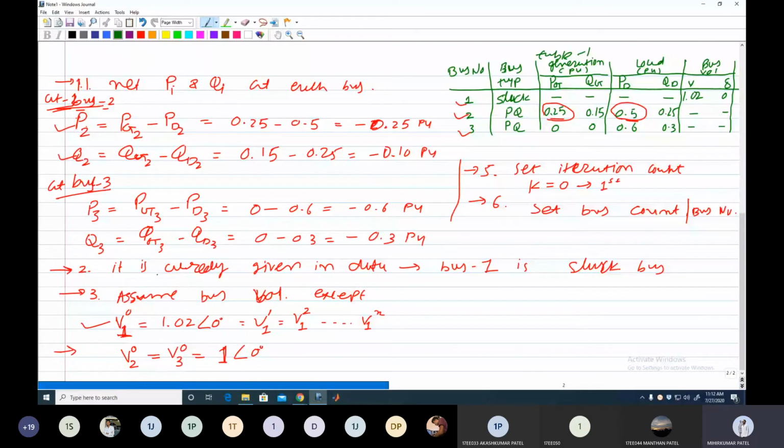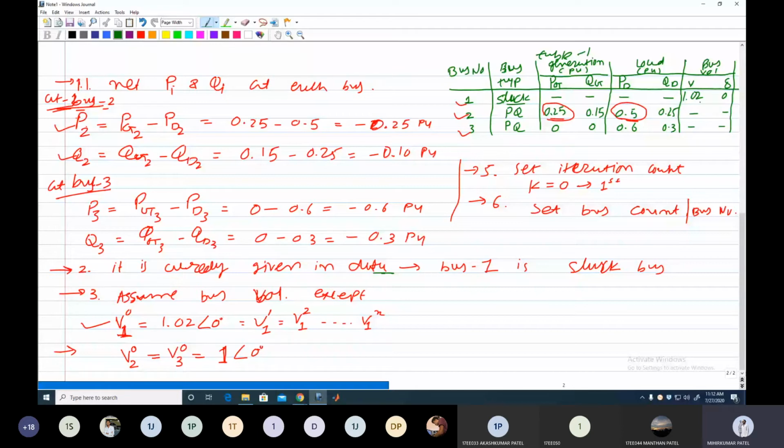Step number 2, we have to select the slack bus, but it is already specified in our data set. So no need to specify the slack bus for this case. Then you have to assume the bus voltages except at the slack bus, because it is already given to us. At the slack bus the voltage is 1.02 with angle 0.